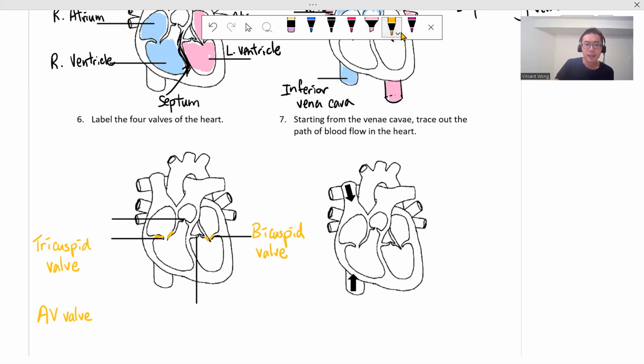Now the other ones, which are right here and there. This one is inside the pulmonary artery, so that's the pulmonary valve. And over here we have the aortic valve. What do we call them, the purple ones? What is the collective name for these purple ones?